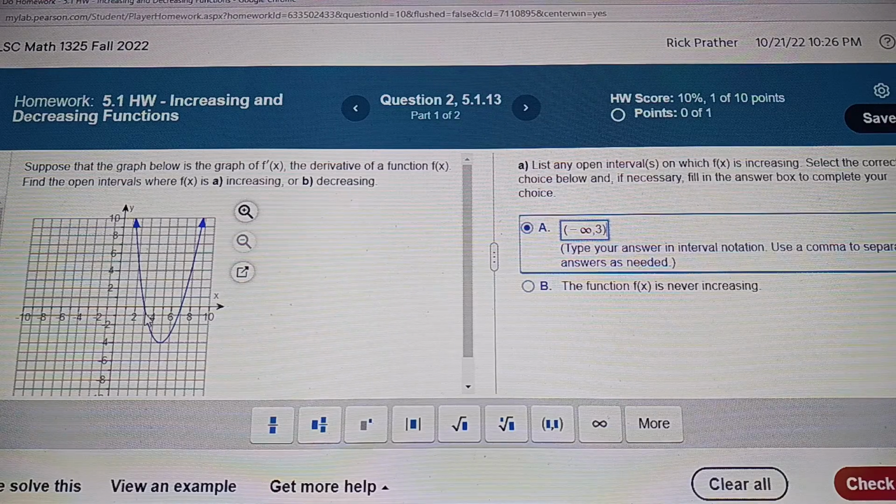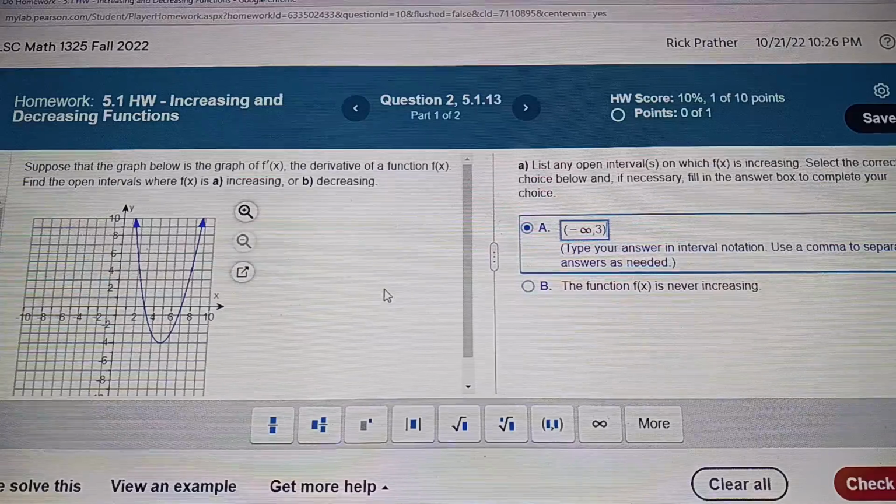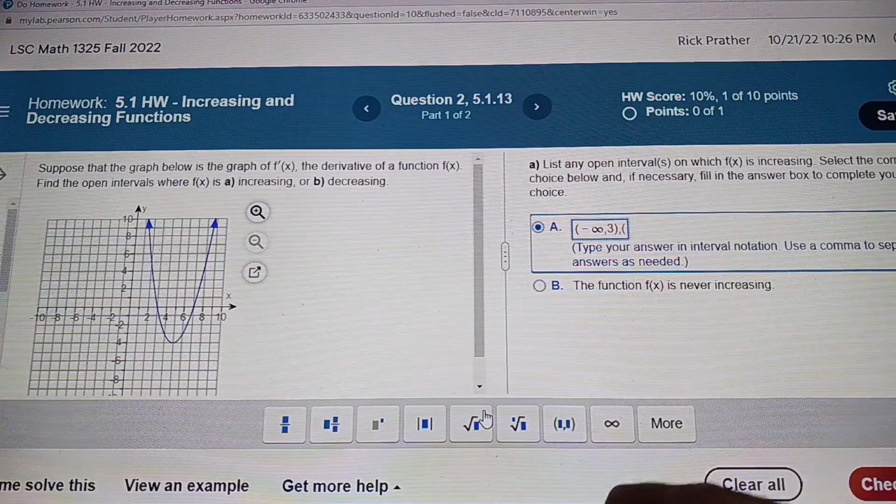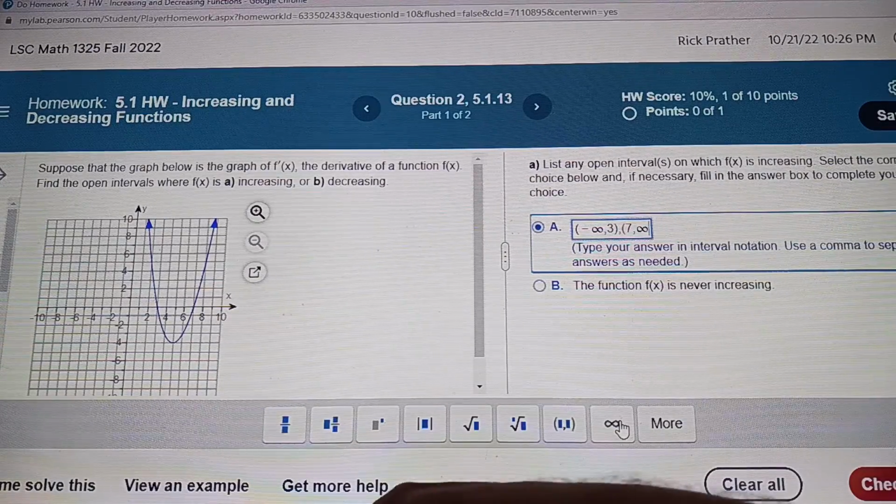Then from 3 all the way around to 7, that's all below the x-axis. That's a part where the regular graph is decreasing. And then from 7 to infinity, I have another section that's increasing, because that's another section where the derivative graph is above the x-axis.